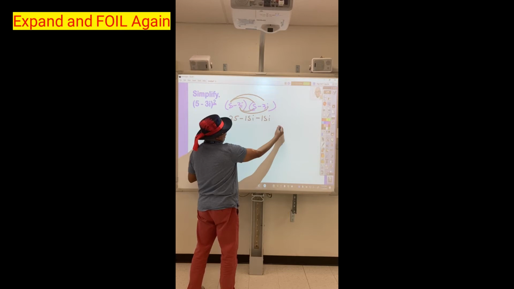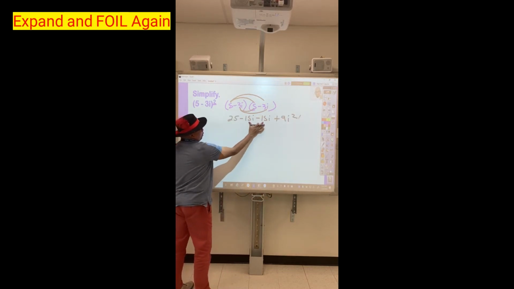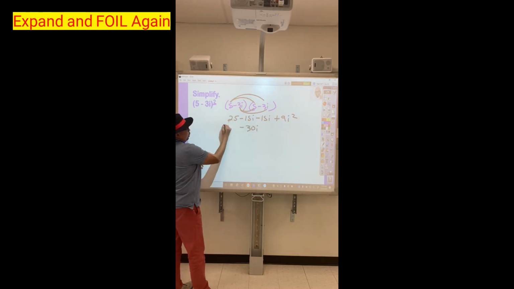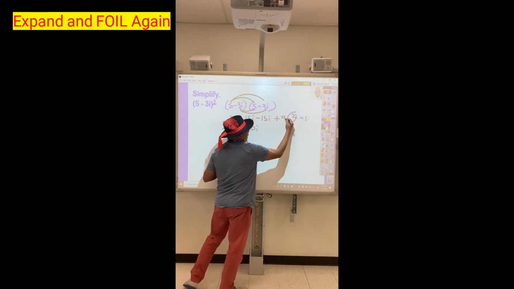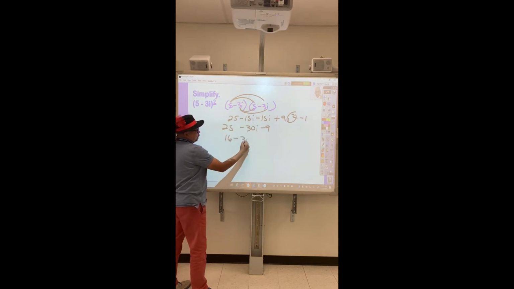And negative 3i times negative 3i is positive 9i squared. We combine the like terms here, which is negative 30i. This is 25 here. i squared is equal to negative 1, times 9 is negative 9. 25 minus 9 is going to be, what, 16? Minus 30i. Kaboom.